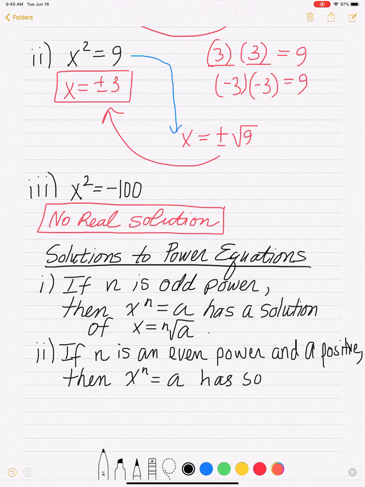It has two solutions. The solutions being x equals plus minus the nth root of a.